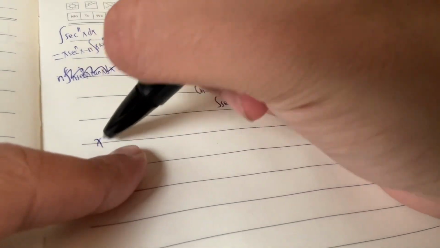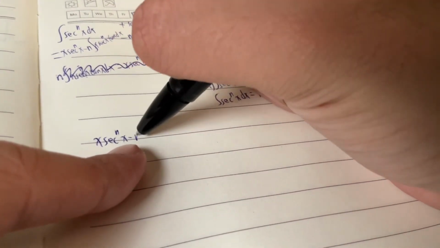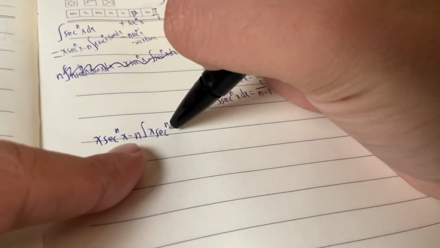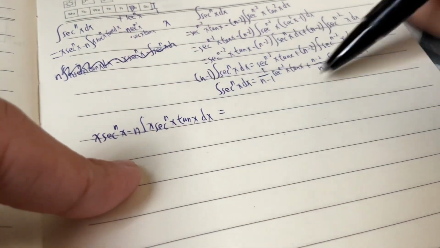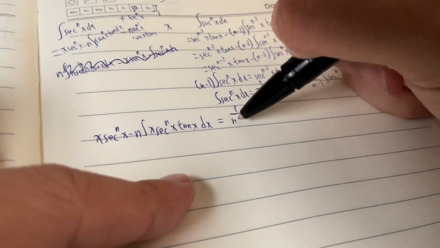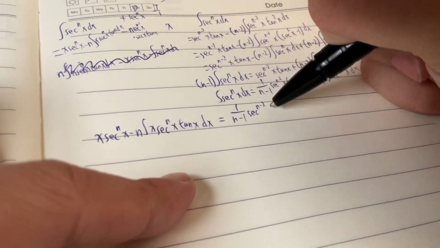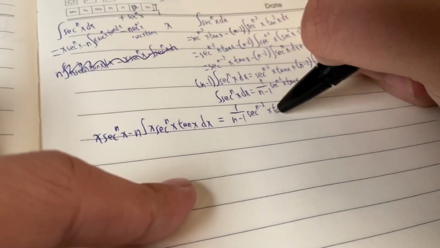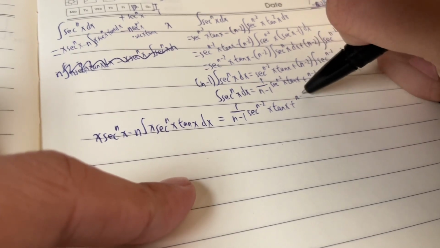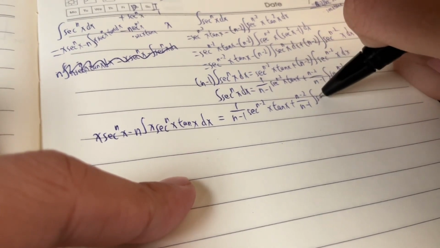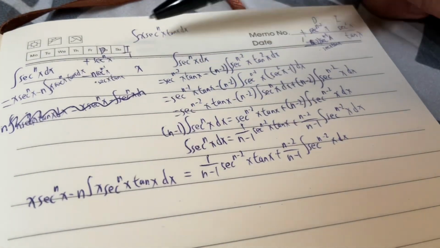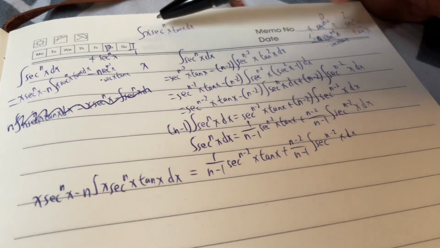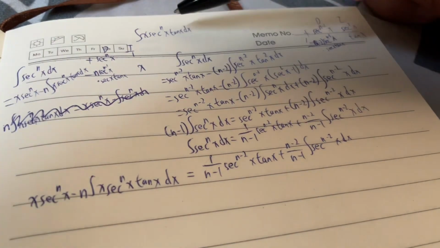So x times secant power of nx minus n times the integral of x times secant power of nx tangent x dx is equal to this one: 1 over n minus 1 times secant power of n minus 2x. This is kind of crazy, right? Because this is a very rare form to integrate, x times secant power of nx tangent x.